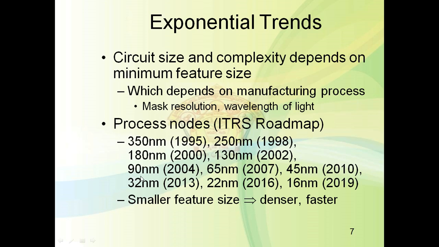Okay, further if we go on reducing in the same manner, the smaller the feature size, the denser the chip and the faster the circuit. The number of devices per chip will go on increasing.